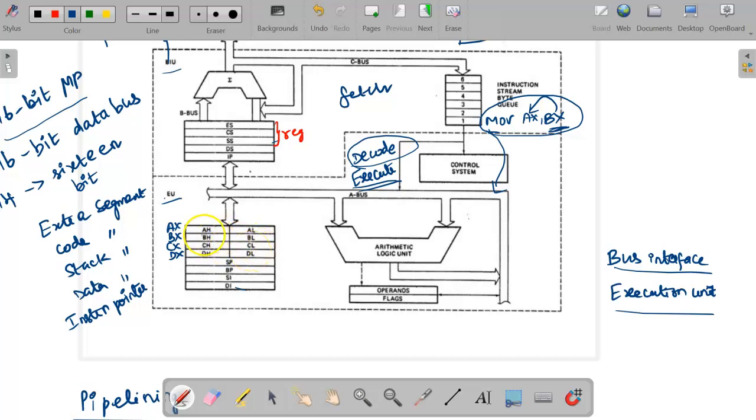Here AH means A register high byte, AL means A register low byte, BH means B register high byte, BL B register low byte, CH C register high byte, CL C register low byte, DH D register high byte, DL D register low byte.